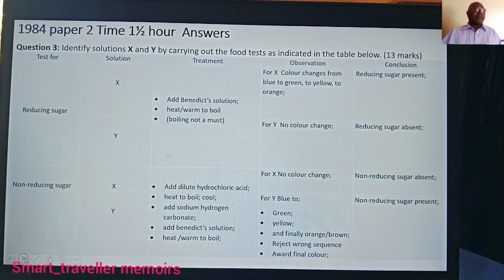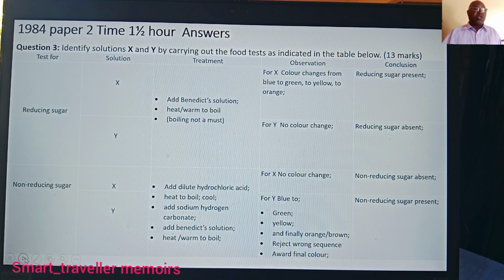Question 3. Identifying solutions X and Y by carrying out the food test as indicated in the table. So, test for reducing sugar. For solution X, you add the Benedict solution, followed by heating or warming to boil.